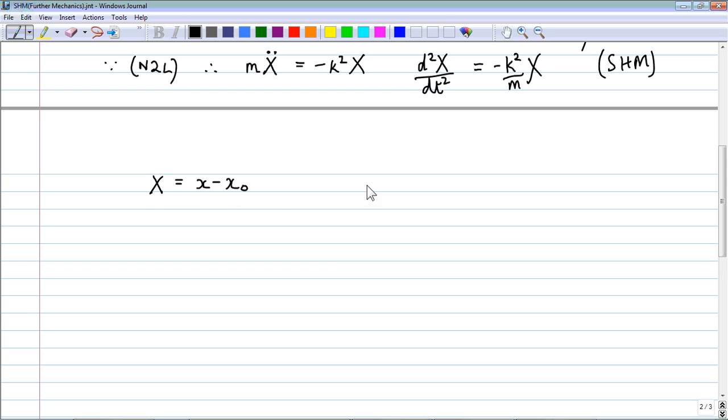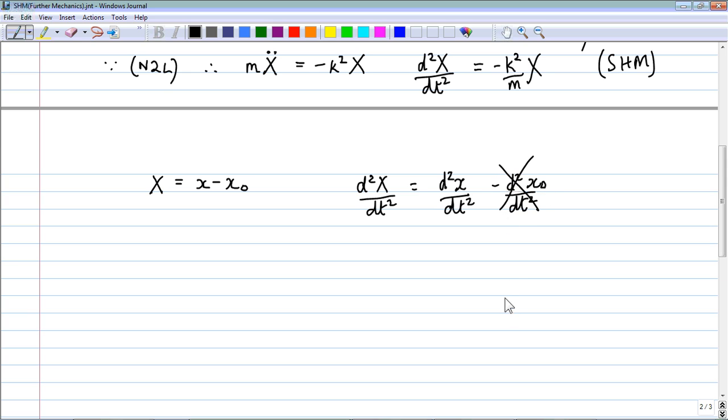because of the linearity of the differential operator, it follows that d2X by dt squared equals d2 little x by dt squared minus d2 by dt squared of x0.